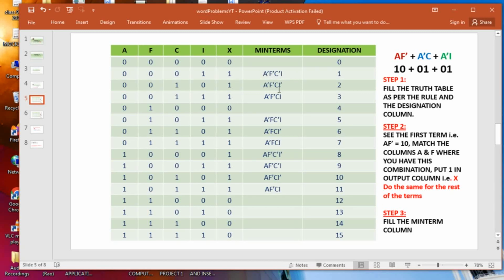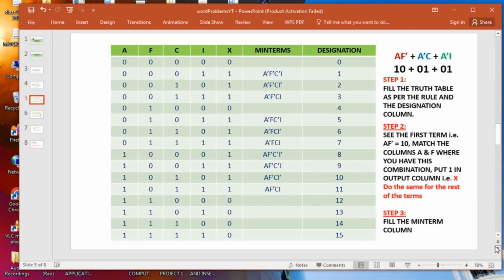Here it is, okay? And then when you write the min terms, you have to put the decimal values, and when you write the expression, that is simplified Boolean expression, either in POS or SOP format, you have to take all this, right? So let us see how to write it.